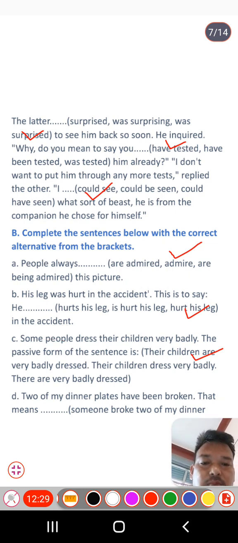Number C, some people dress their children very badly. The passive form of the sentence: the children are very badly dressed.